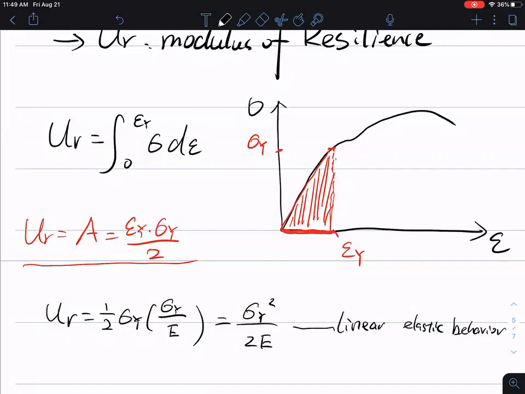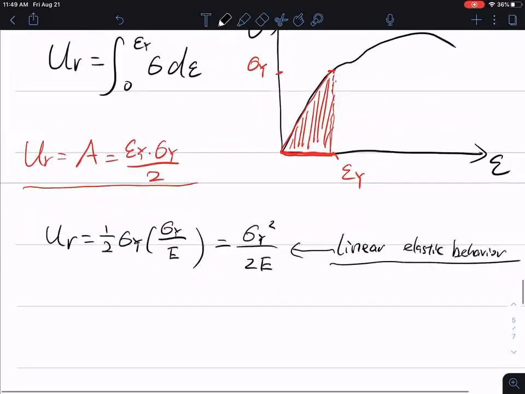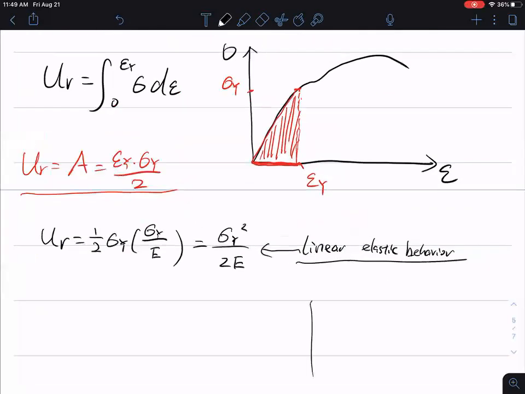If you want to use this equation, it has to be inside the linear region. If a material doesn't have a linear region, then you have to use the first method: find where the yielding point is, then find the area under that curve.